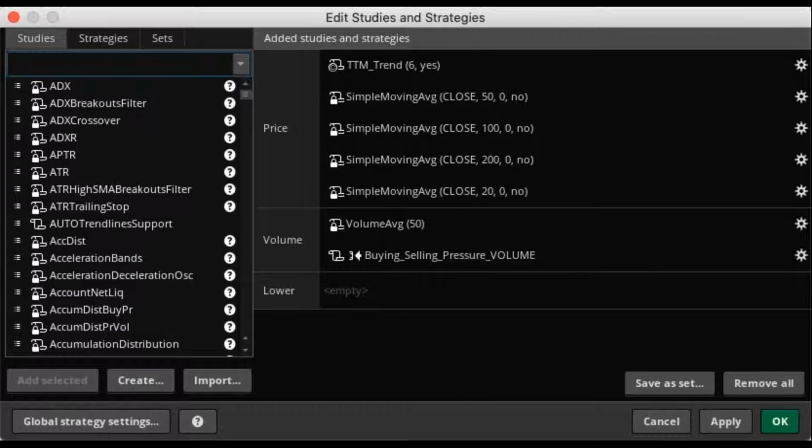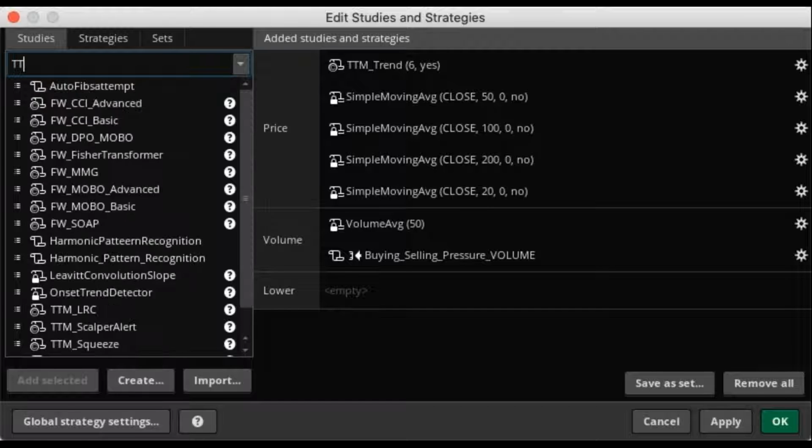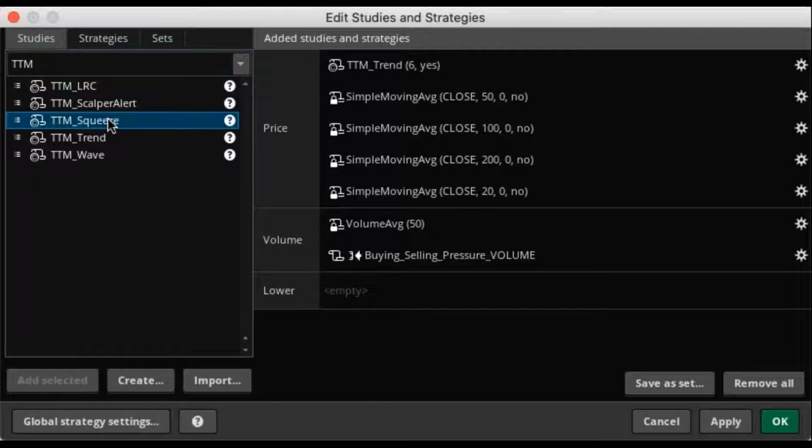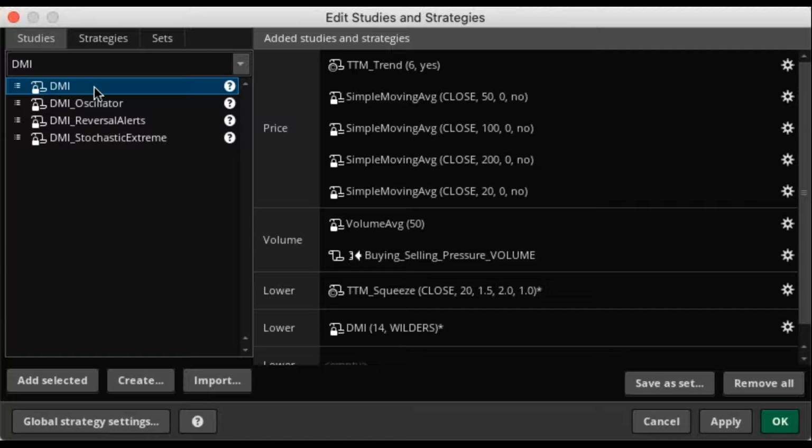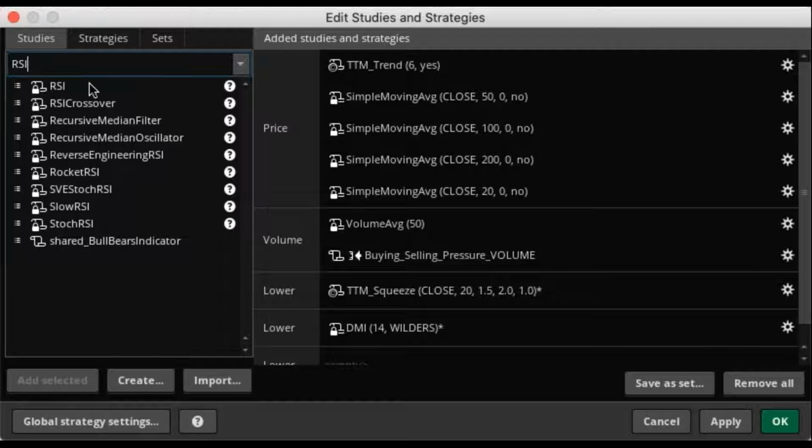Okay, now we are gonna go into TTM, and then we're gonna type in squeeze. And then we're gonna go into DMI and type in that. Then we're gonna go into RSI, type in that.